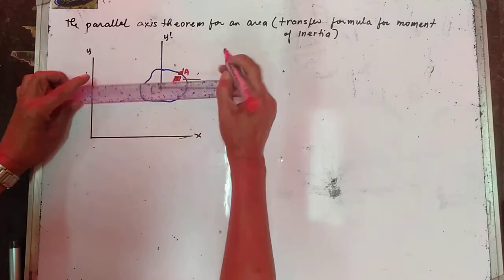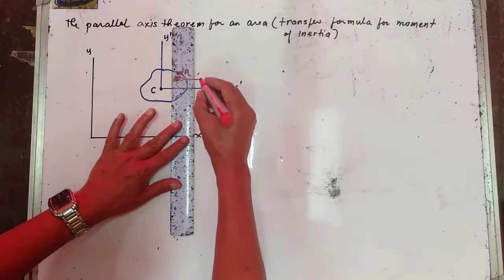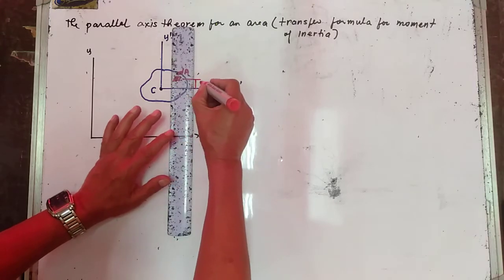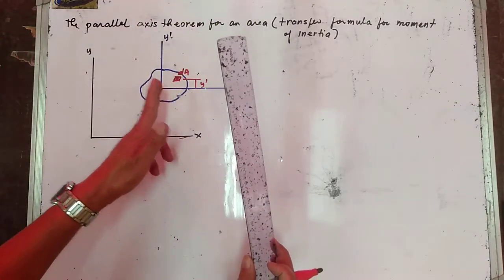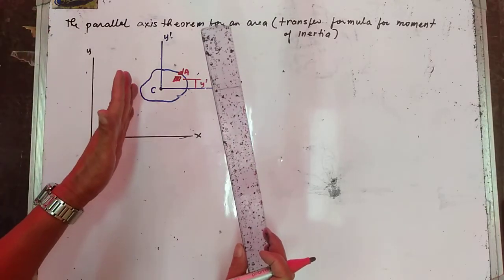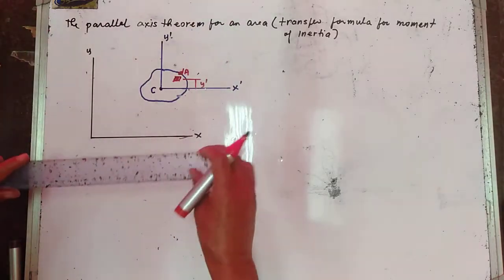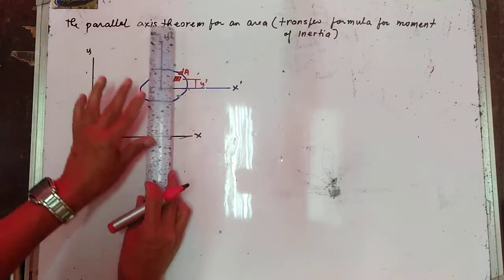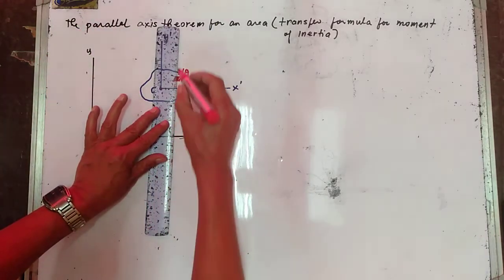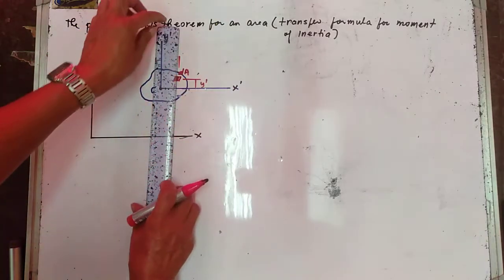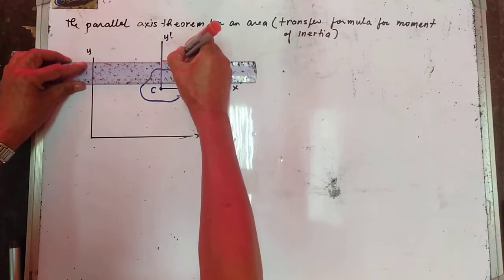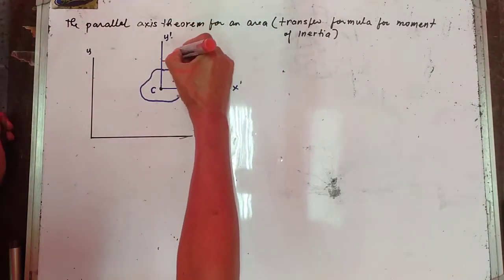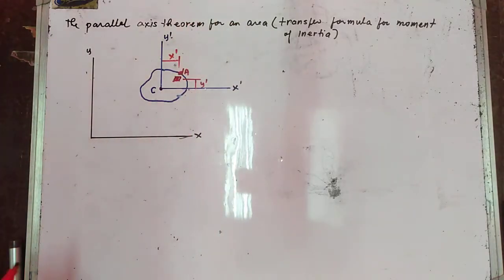So this is now your y prime. And the distance of this differential area from y prime is now known as x prime. This is your x prime.